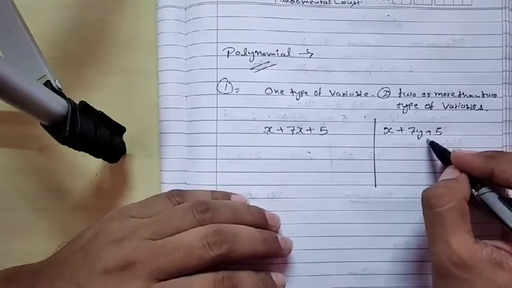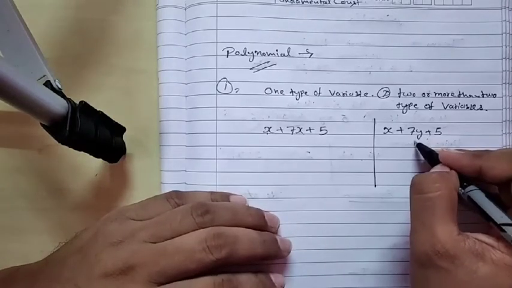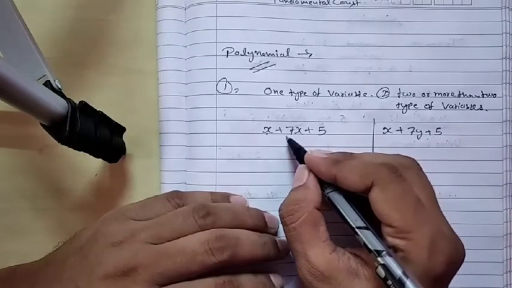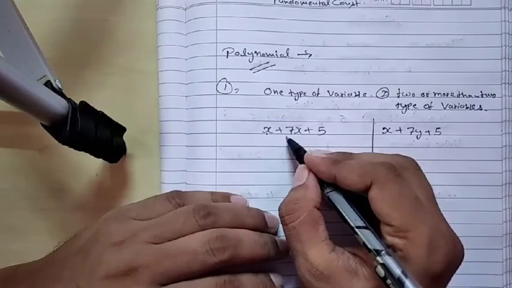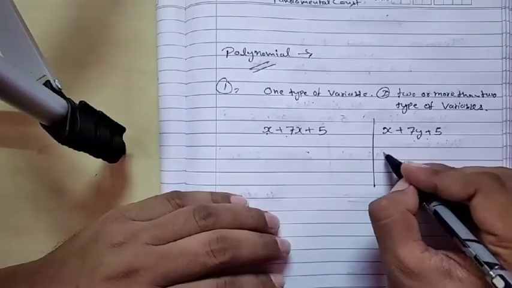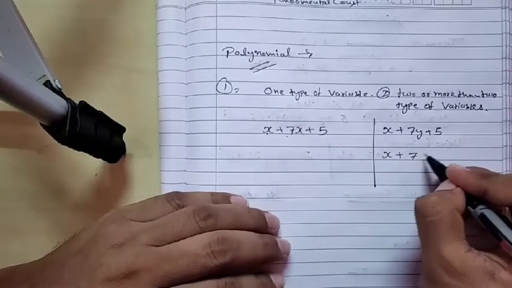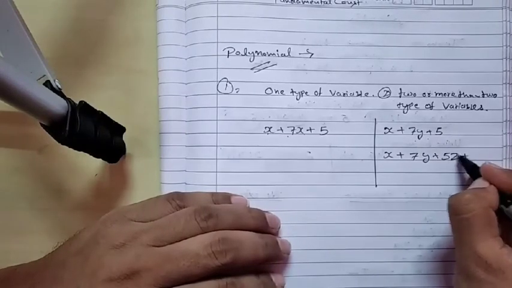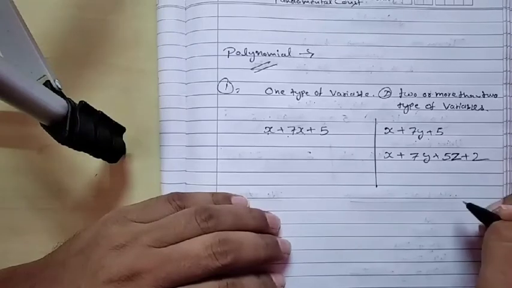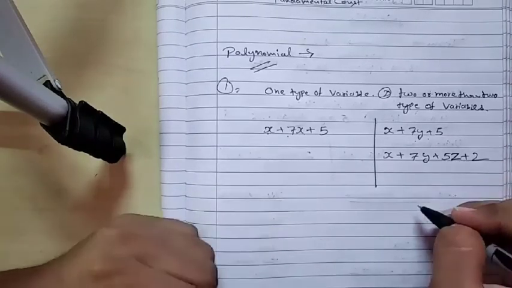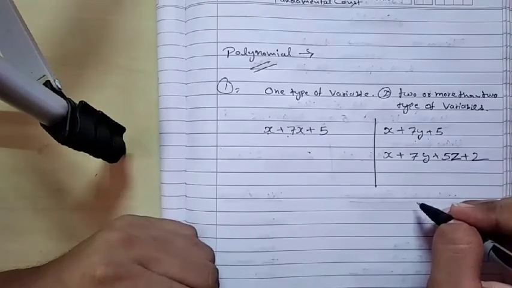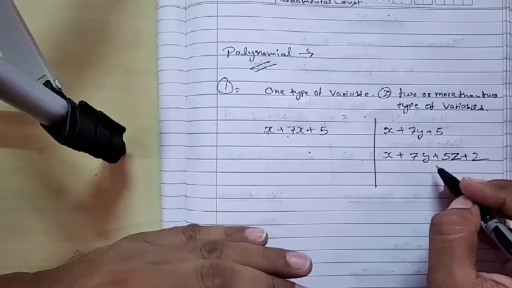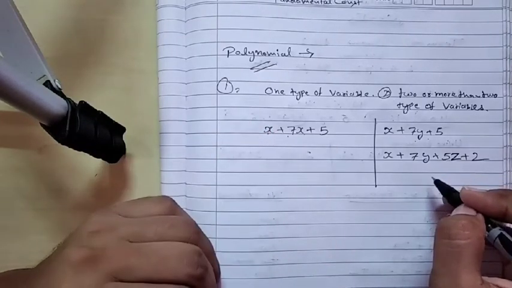Got it? So this is a polynomial of two types of variable, and the other is a polynomial of one type of variable. Okay, it may be three types also, plus 5z plus, this is z plus 2. This is more than two types of variable, so it will be called a polynomial of more than two types.